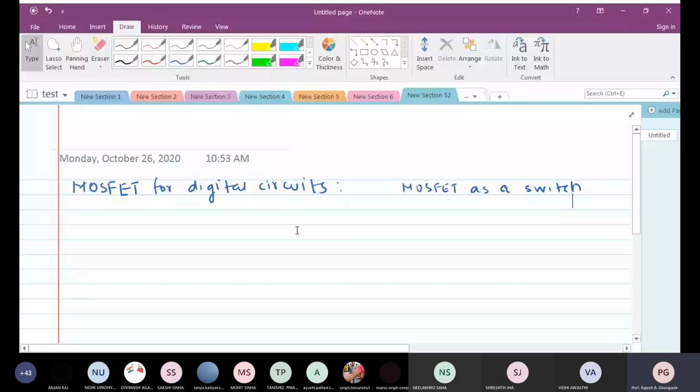In the digital circuits, the MOSFET will always work in which regions? Which regions will it work? It will work in cutoff and the triode region.